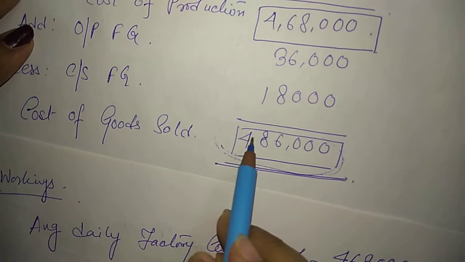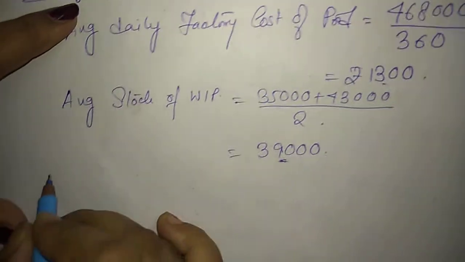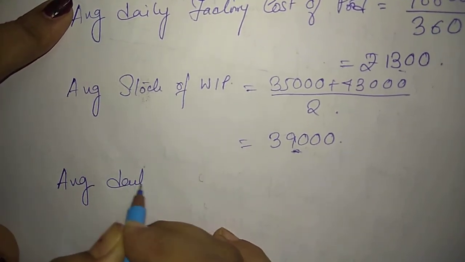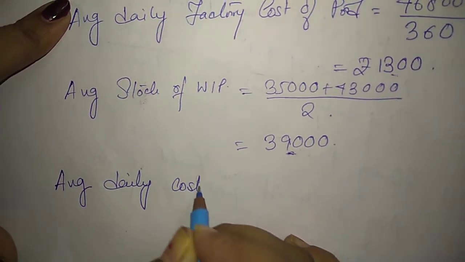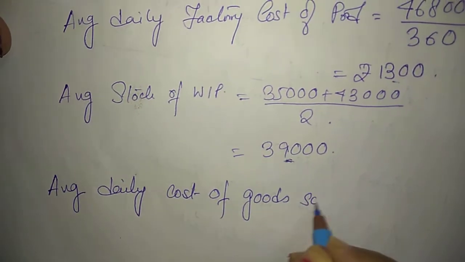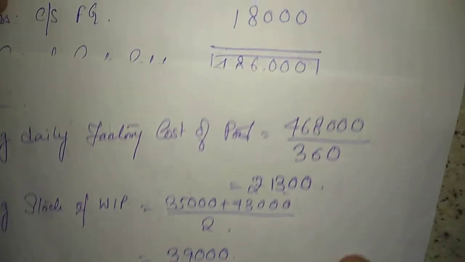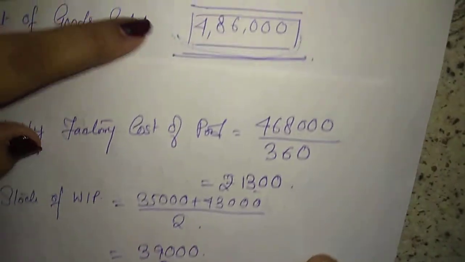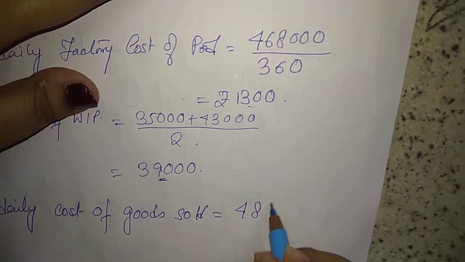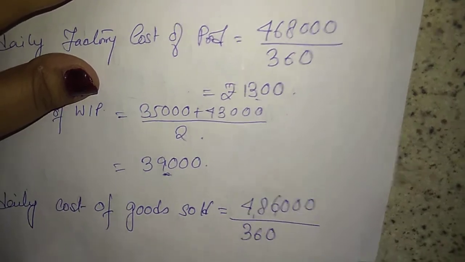Cost of goods sold, 4,86,000. So first would be the average daily cost of goods sold, that is 4,86,000 divided by 360 days.